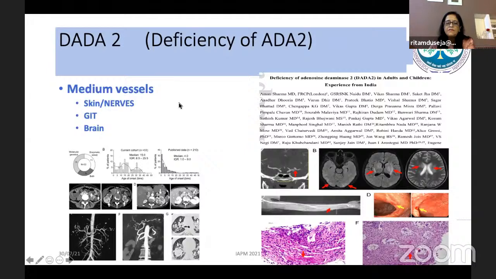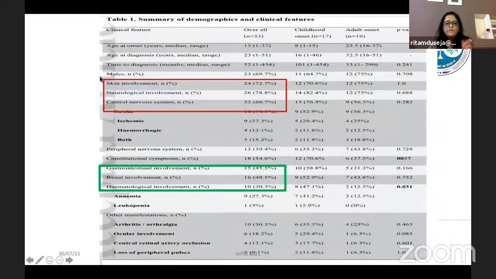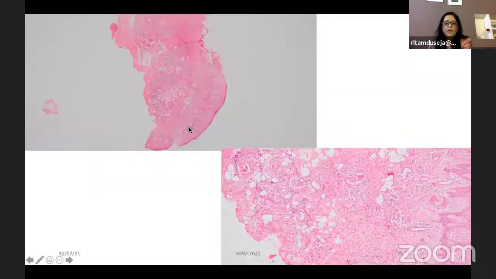In these cases, whenever these constitutional symptoms are involved, an enzyme deficiency is checked for, and genetic analysis confirms the diagnosis. Skin, GI, CNS and renal are the most common organs involved, most often brain and skin.